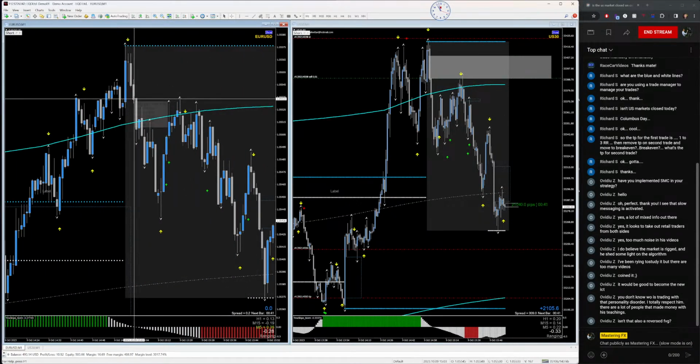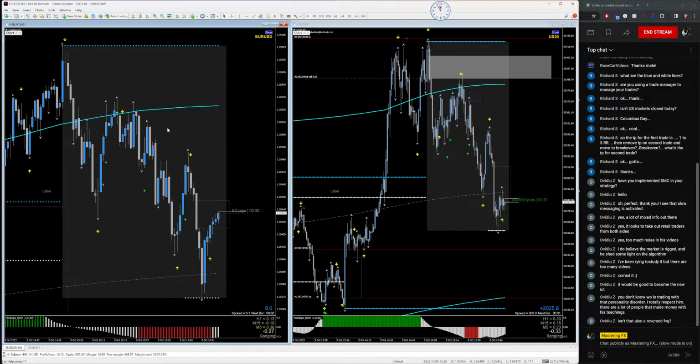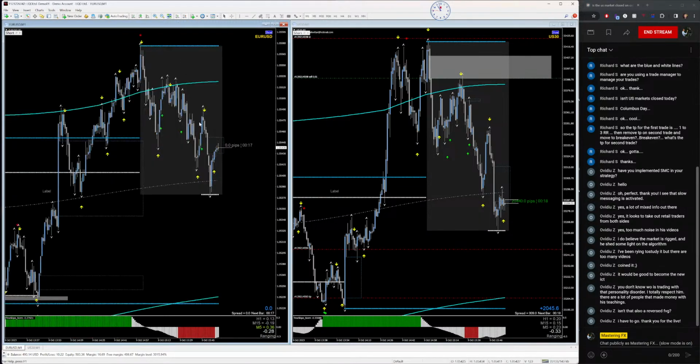But if I would have seen that, then I would have set my entry right here, on the tick on the top of this wick, and then the stop loss right above here. And again, it would have come down, hit 1 to 3 risk reward already, and we would have our stop loss at break even right now, and we would just wait for price to either hit break even or hit the other side of the TMA band, which is here.